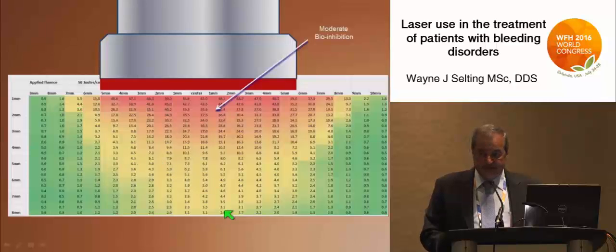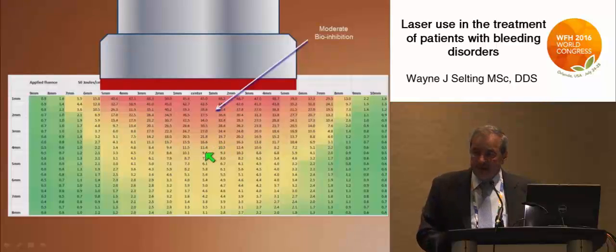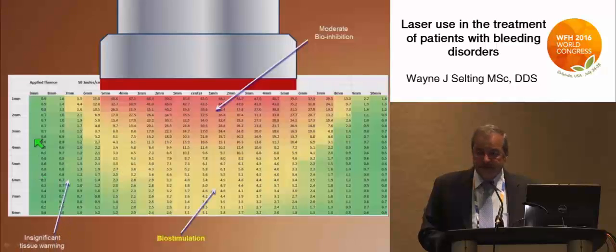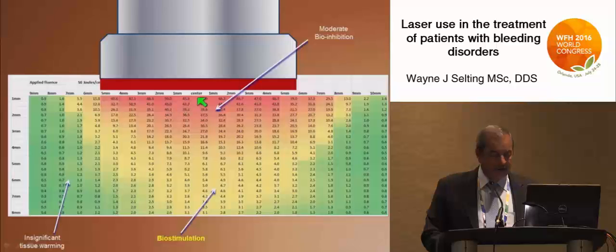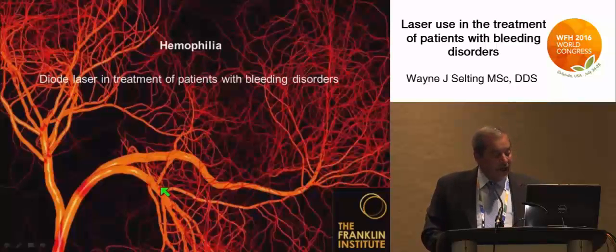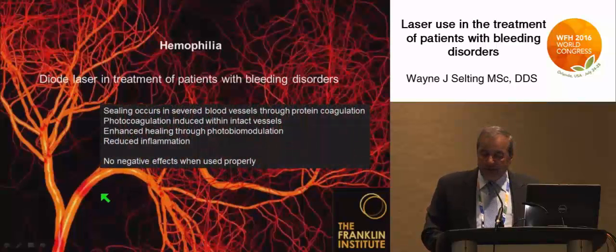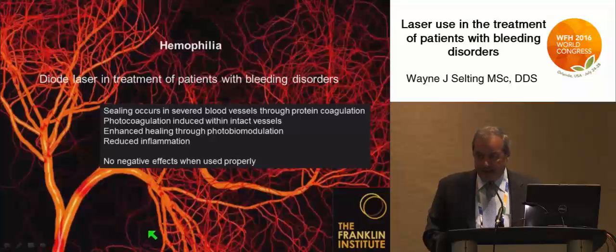You get inhibition here on the surface, but this entire yellow area around here is the sweet spot. That's all between 3 and 10 joules per centimeter squared, and that tissue is going to be optimally stimulated. All the rest of this out here, there's not enough energy to affect it. So you're affecting an area that might be 15 millimeters wide and 7 or 8 millimeters deep with the diode laser using the appropriate parameters.